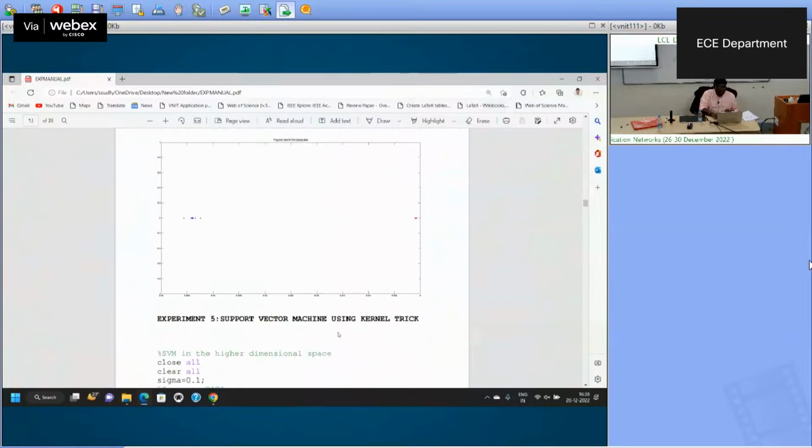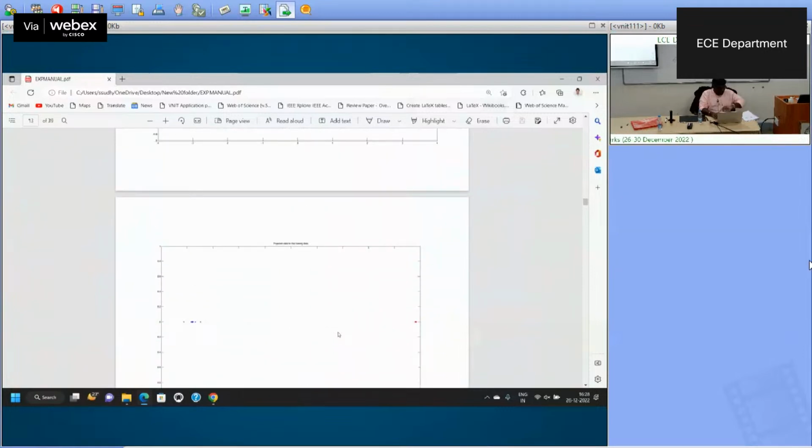The fifth experiment I will explain tomorrow. I think today the time will be sufficient, right? Half an hour is enough. It ends at 5 o'clock, right? What is the time? Okay, then how much time do you need?